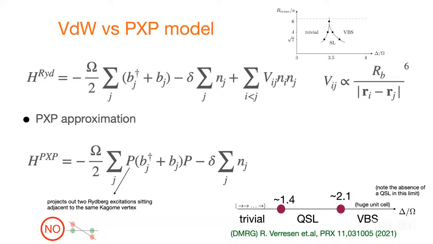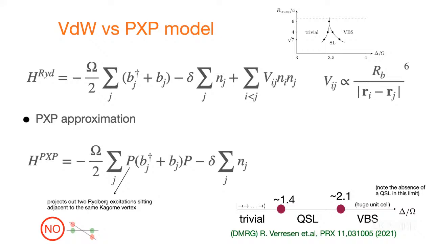So people write here these projection operators P, they simply prevent that you ever have this situation shown here in the lower left part with two excitations on one vertex. And this has now an infinite penalty, is completely ruled out. In the van der Waals case, this is not ruled out. This has an energy penalty of roughly 200, depending on your units.